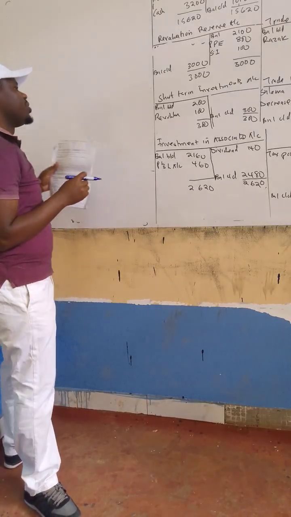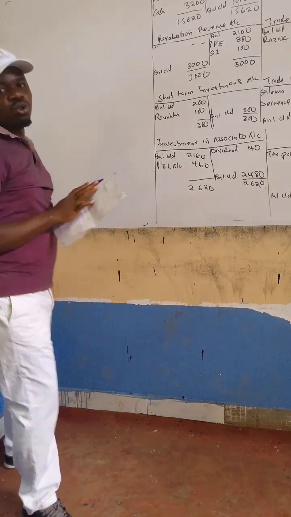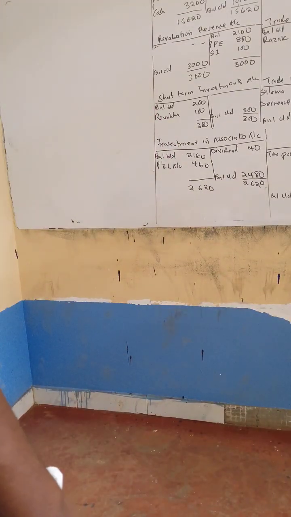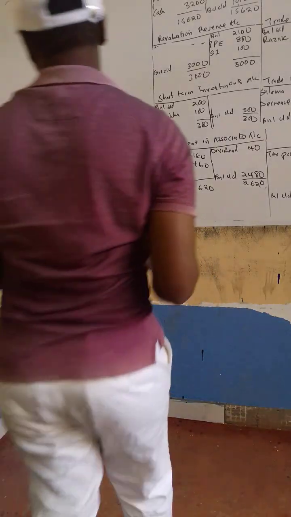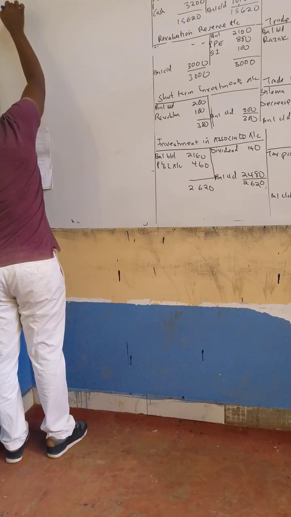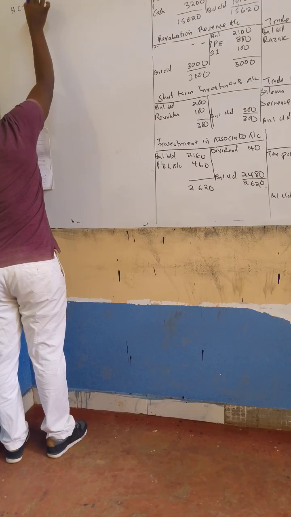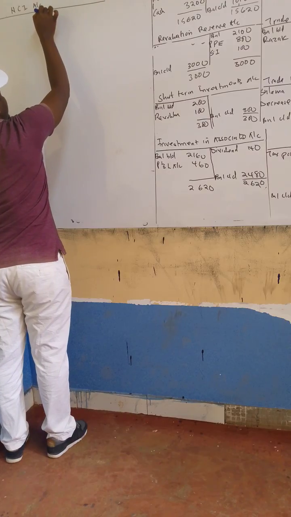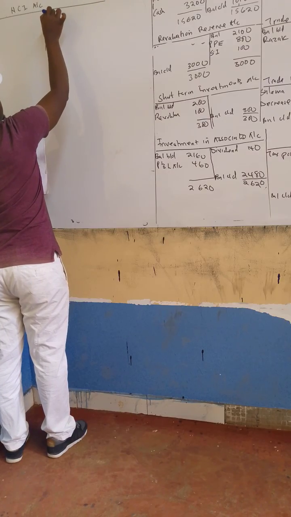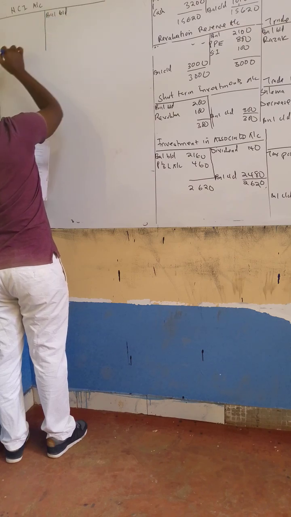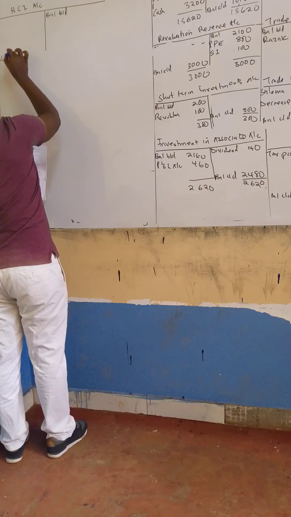So we are going to do our workings here to ensure that we get the majority shareholders. So let's start with the minority, the NCI account. Of course, this is more of an equity, so it has a credit balance brought down and a debit balance carried down.